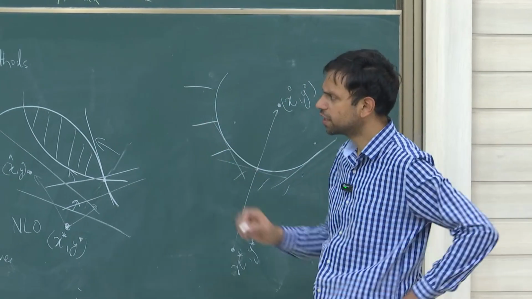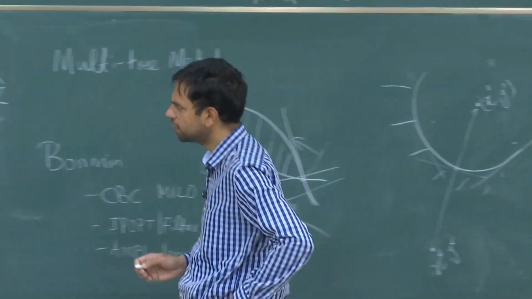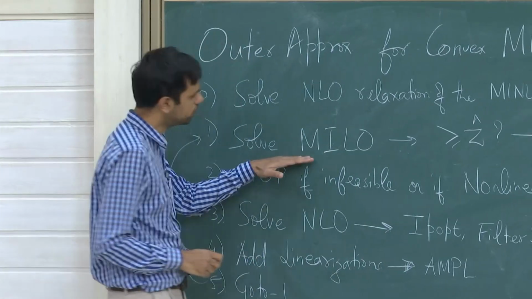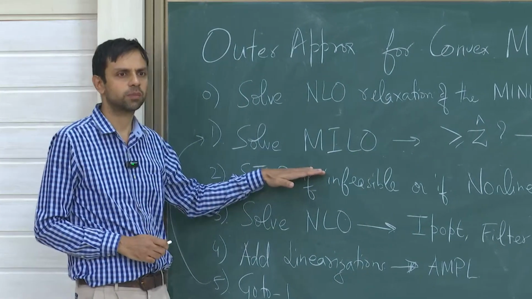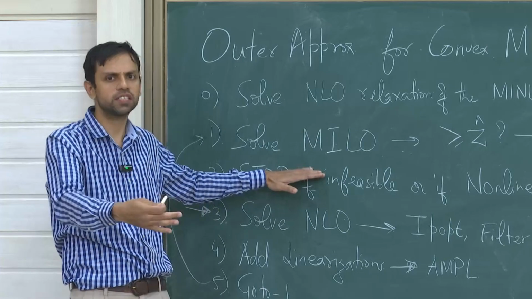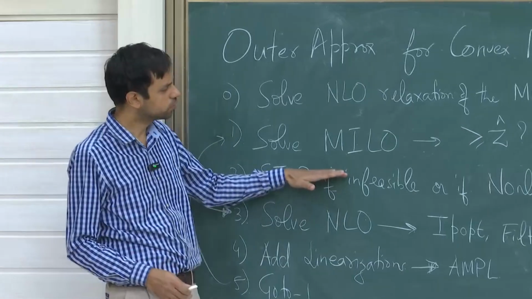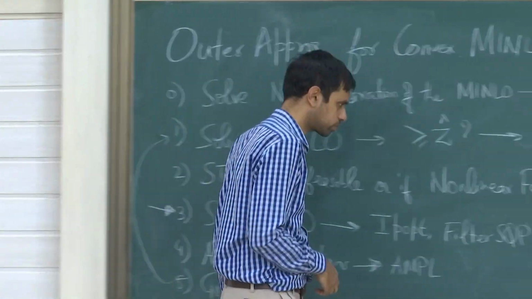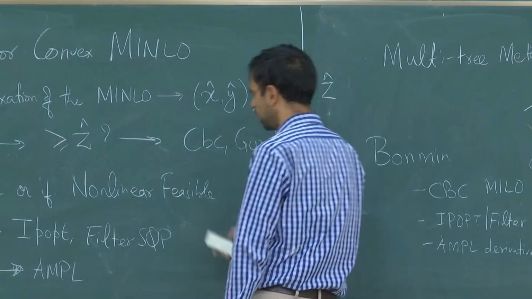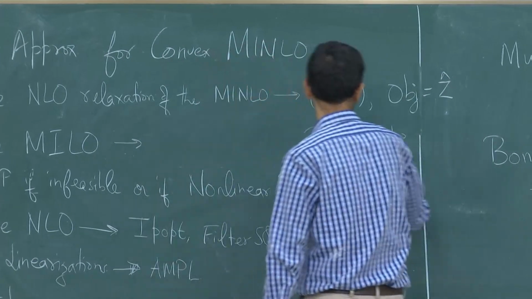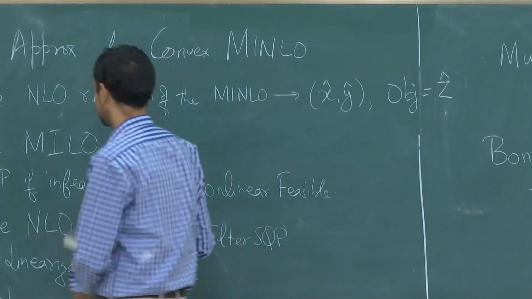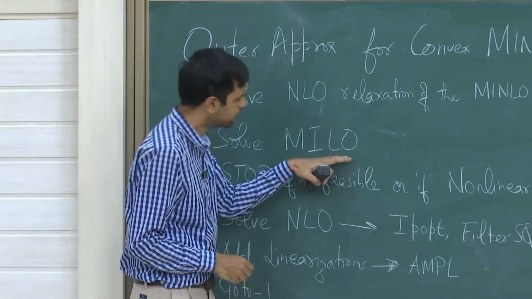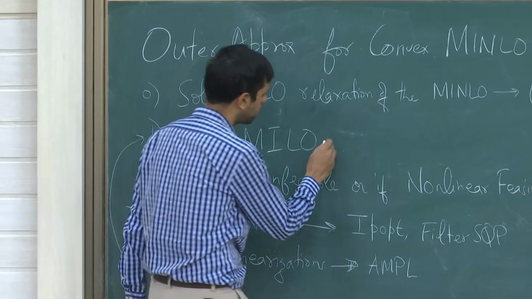One natural question that arises is that suppose I set a time limit on this MILO. Instead of solving this to optimality, suppose I am unable to solve it to optimality because it is taking too long, so I stop it in between. Then what happens? I am following this algorithm by the textbook, but I observe that this is taking too long, so I break it.